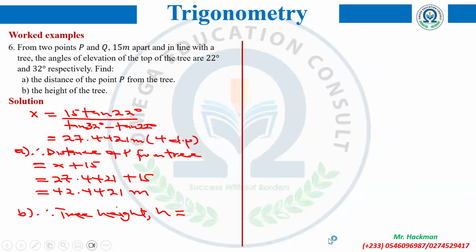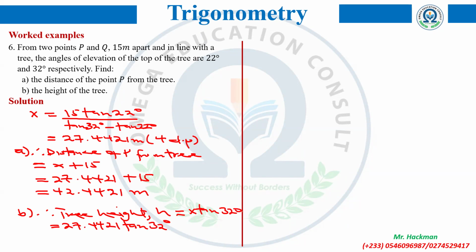So let's go and do that. Once I know X, I know my H. So it will be X tan 32 degrees. So that will be equal to, what is your X? Use the 4dp, which is 27.4421, tan 32 degrees.